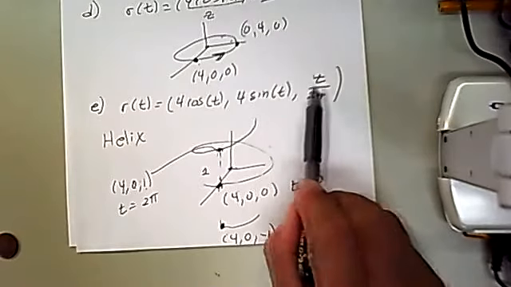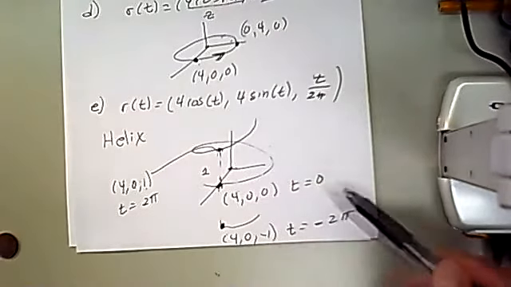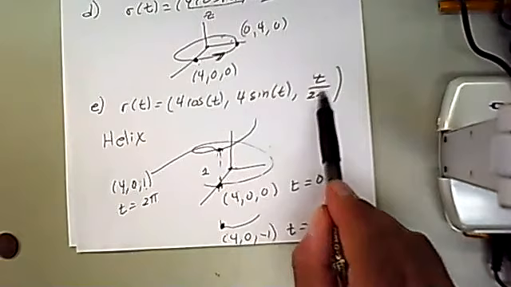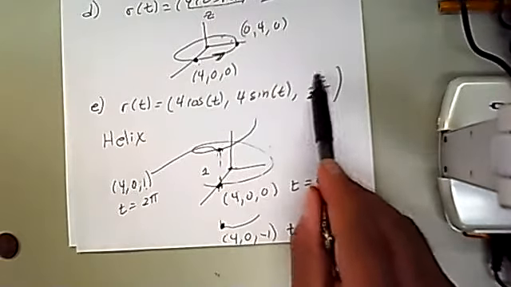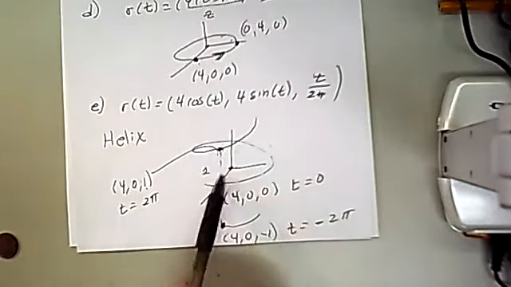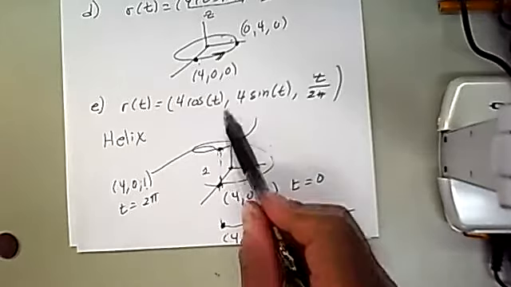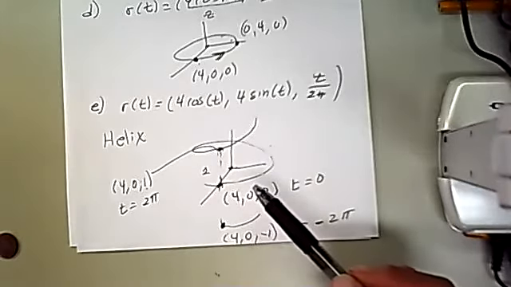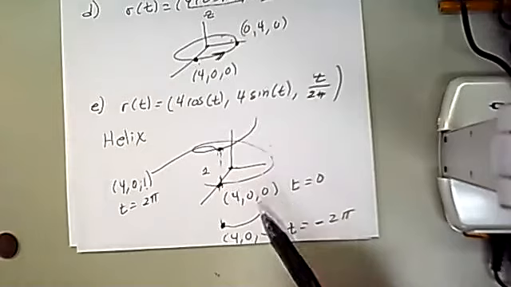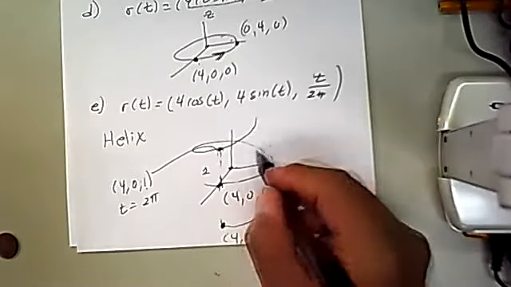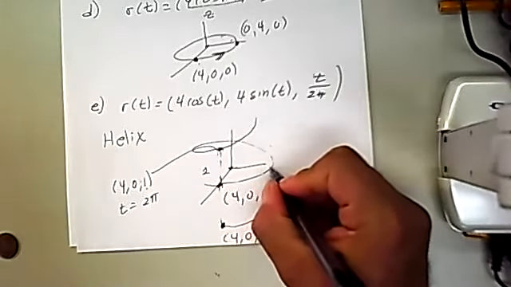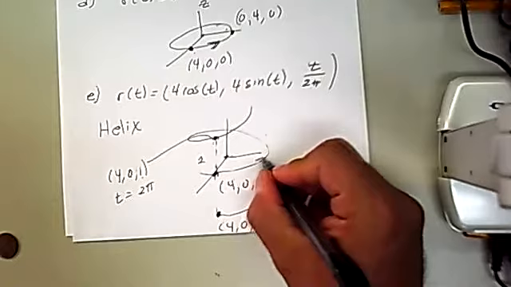If the t is in the middle, then it will spiral to the right. I already told you, I guess. If this t over 2 pi was here, then the spiral will come towards us to the right and up. So those are the three directions in which it can go. The one thing we also have to take into account, and we said it implicitly, is that the direction is this one.